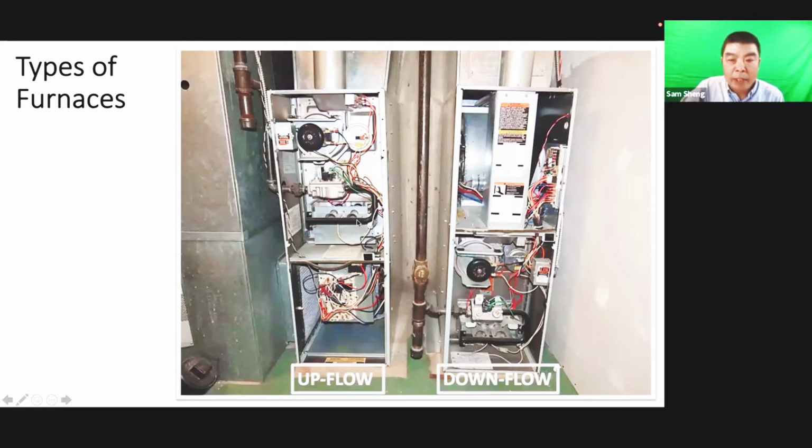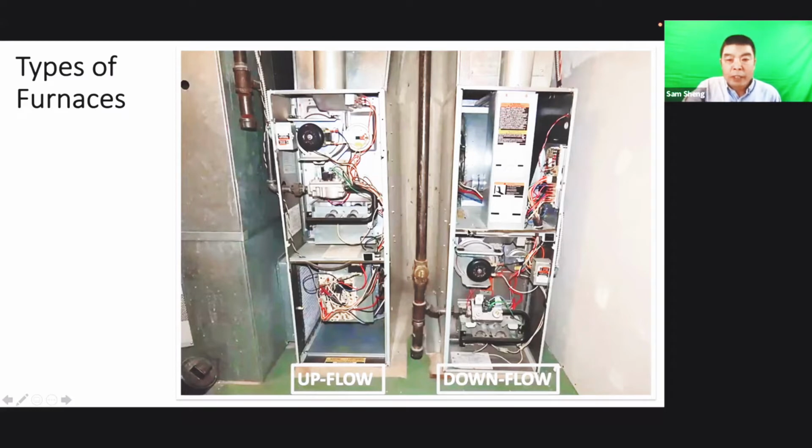We can see the burner here, the gas valve, the inducer motor, and the pressure switch, and all the exhaust goes through the aluminum or steel chimney. Yeah, so the downflow is just upside down.